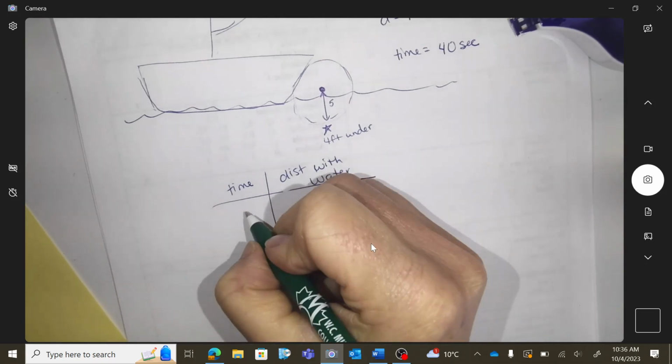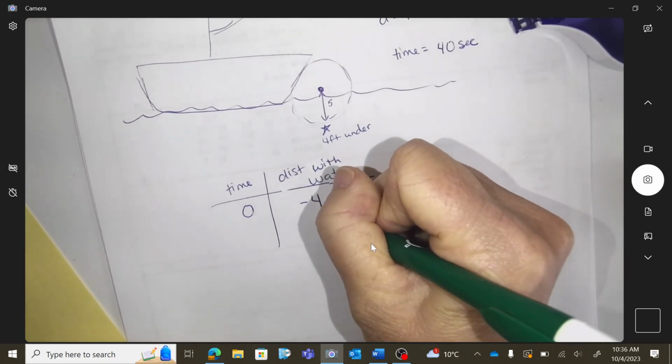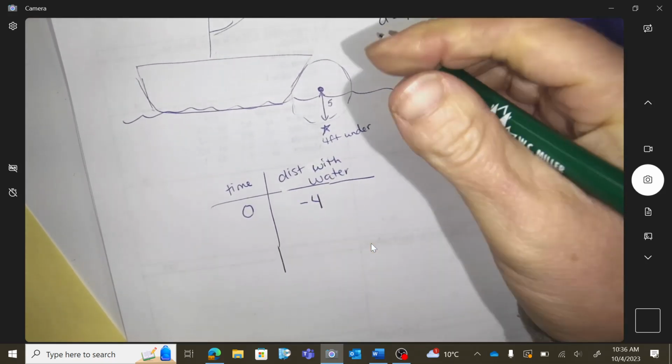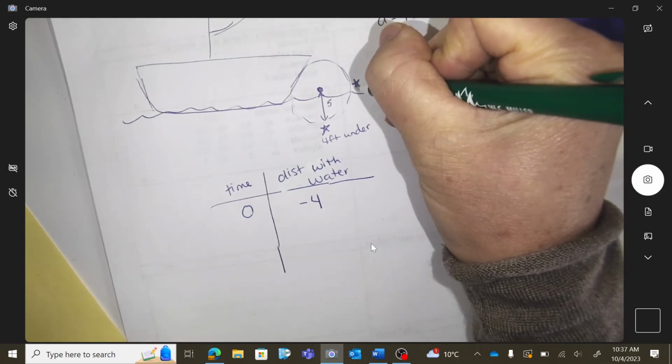At a time of 0, what is our distance with the water line? -4. Now, I'm going to put a star over here.